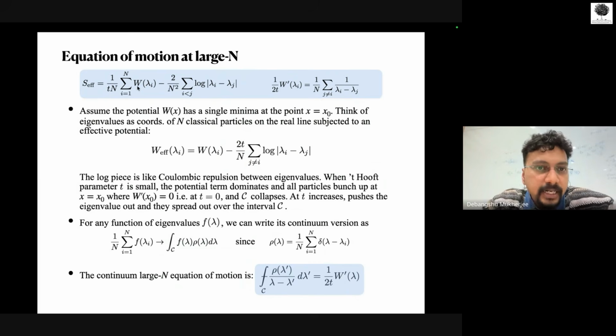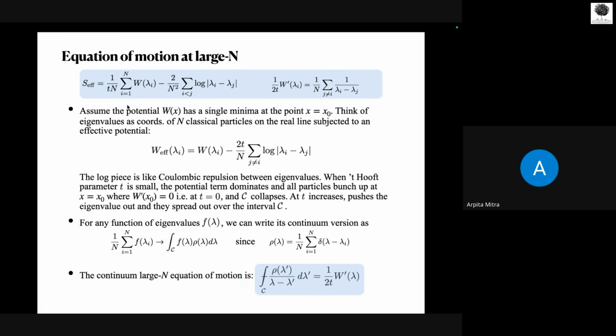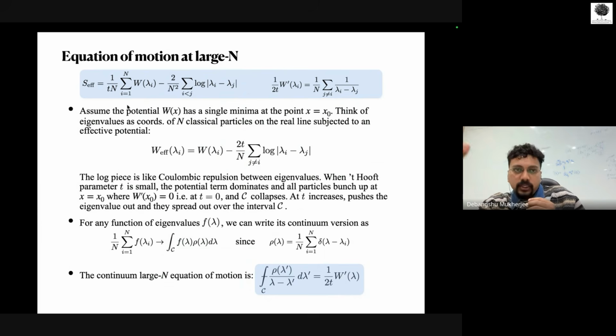This is basically a lattice theory, right? So my lambdas are my dynamical parameters, and all I have done is simply demand that del S effective by del lambda i has to vanish. That's all I'm demanding. And that gives me this equation of motion. I don't have anything like a lambda dot. There is no time or anything. So it's the most trivial thing that you can write down.